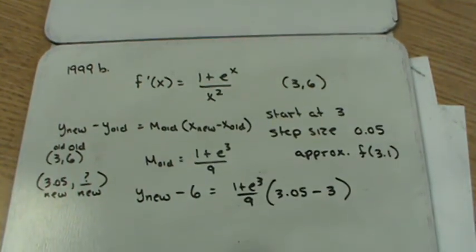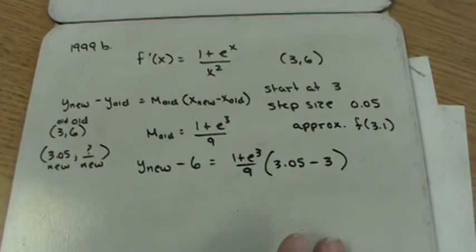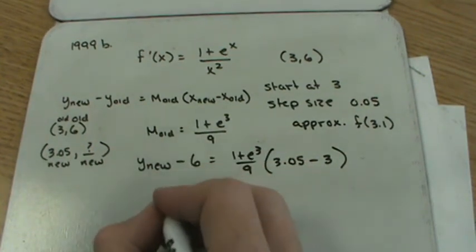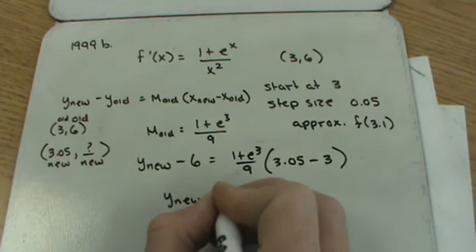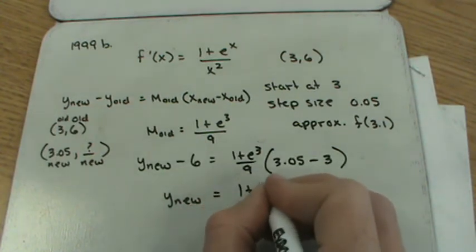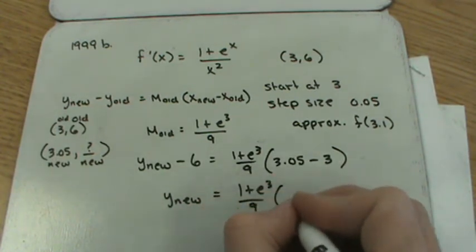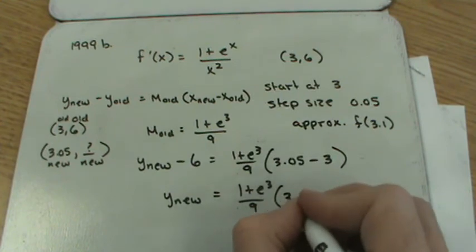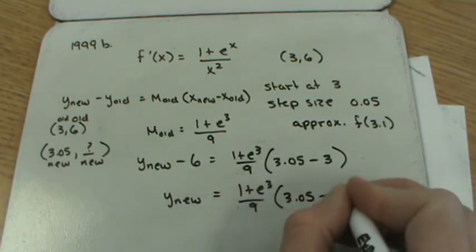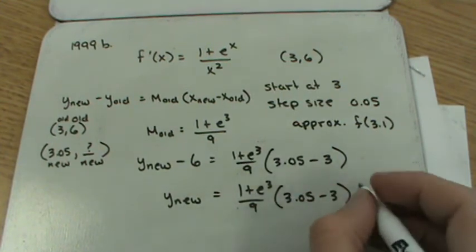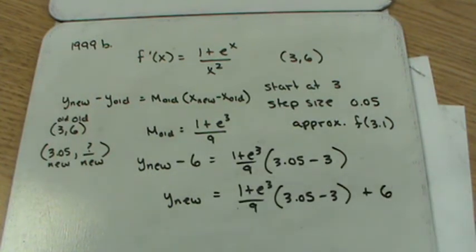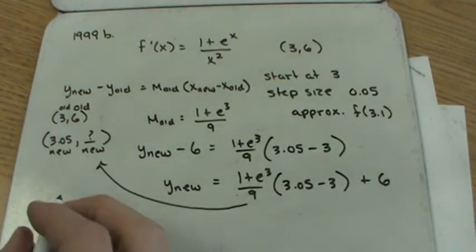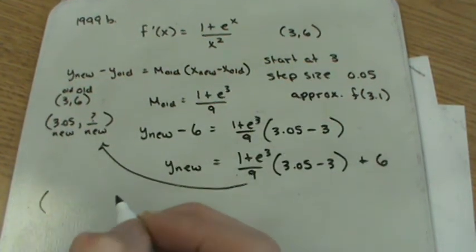Okay. Thank goodness this is a free response question and we don't have to do any major simplifying. Our y new that we're looking for, all we got to do is add 6. So 1 plus e cubed over 9, times 3.05 minus 3, and I know hopefully you guys can actually do the math on that. There's our y new. So that's what is going to go right in there. Whew. So that's going to become our new old point.